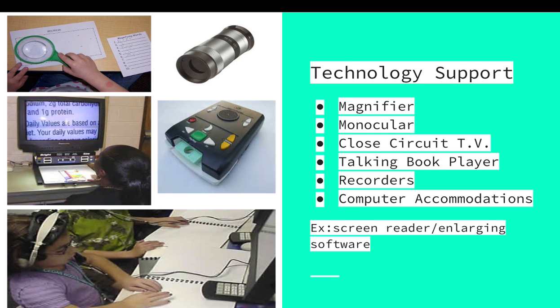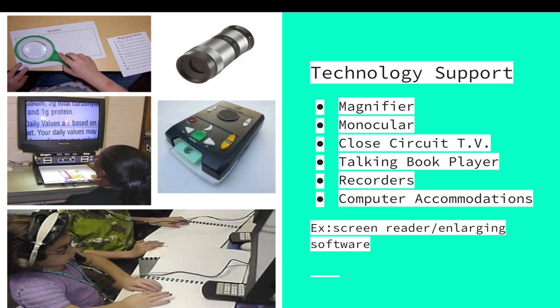A teacher can also bring in technological support that is specifically made for students with different types of visual impairments. Most of these types of tools help students with what they are reading by enlarging the text or making any text or information accessible through sound. These tools include magnifiers, monoculars, and a closed circuit TV, which can be seen right here.